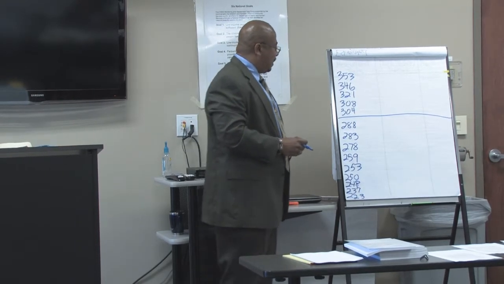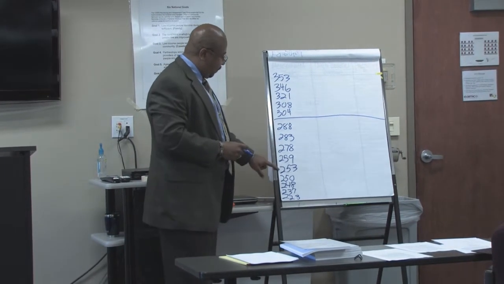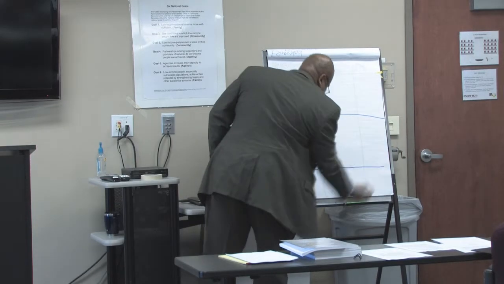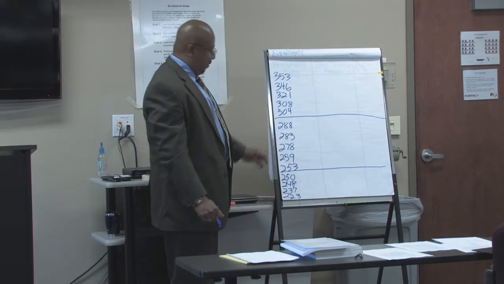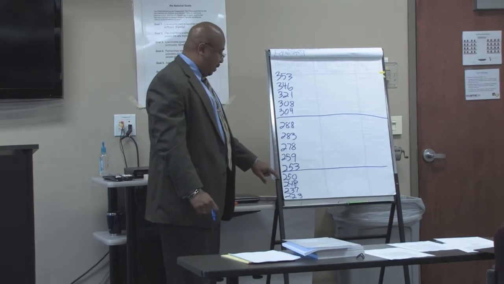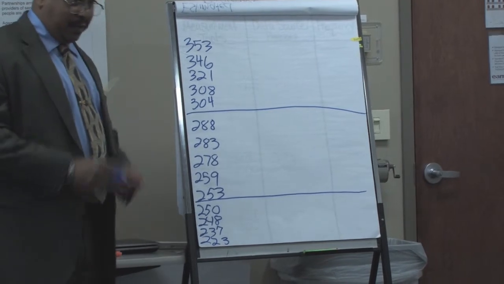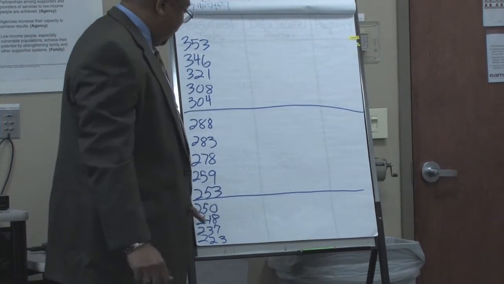And if you're batting between 288 and 253, this is average. And if you're batting below 253, 250, 248, 223, you won't make the Hall of Fame unless you're a pitcher.